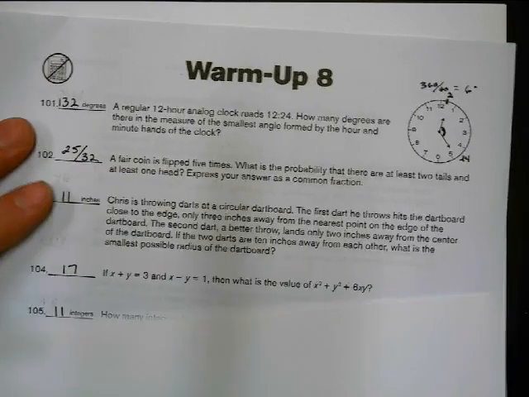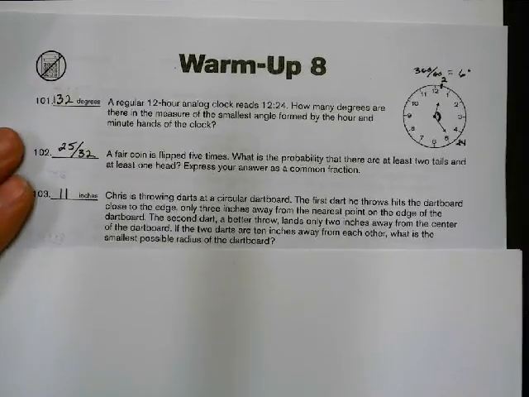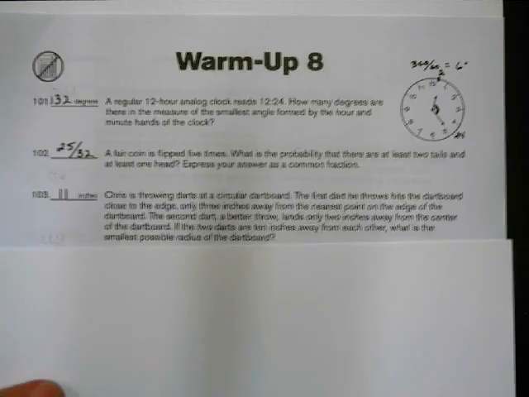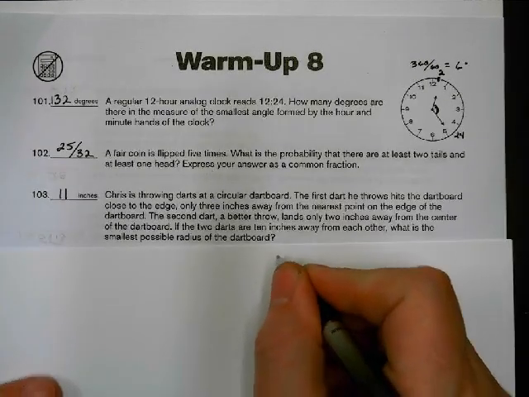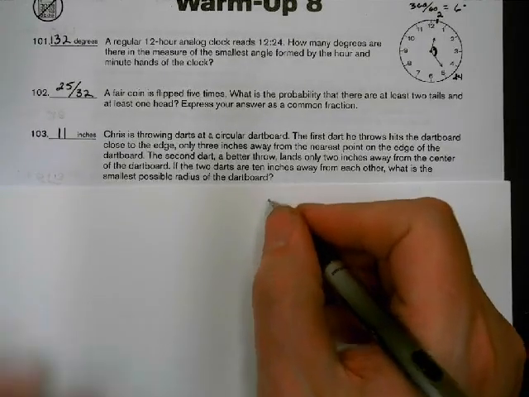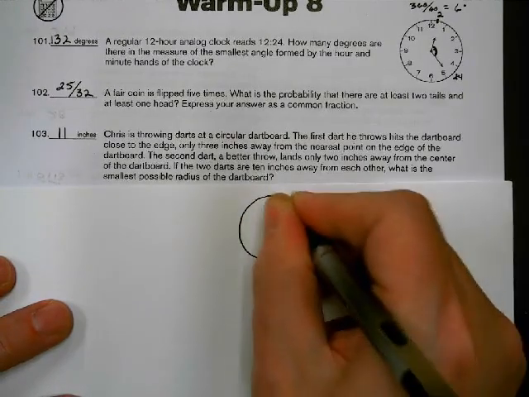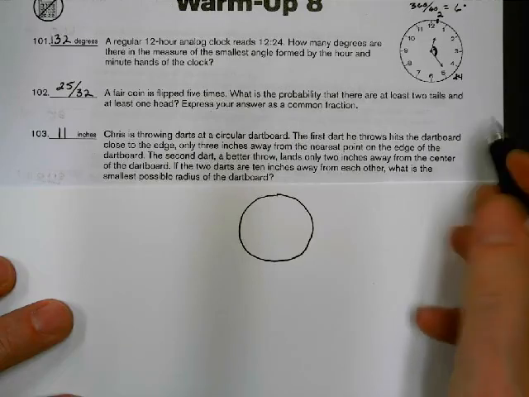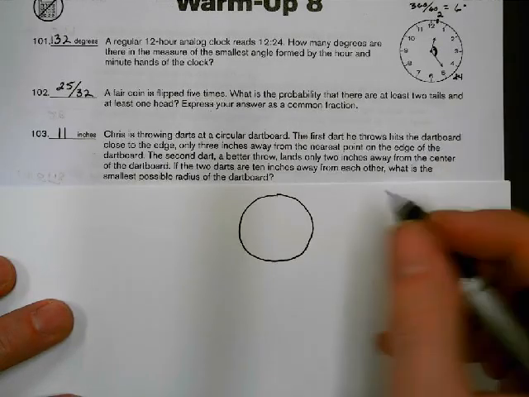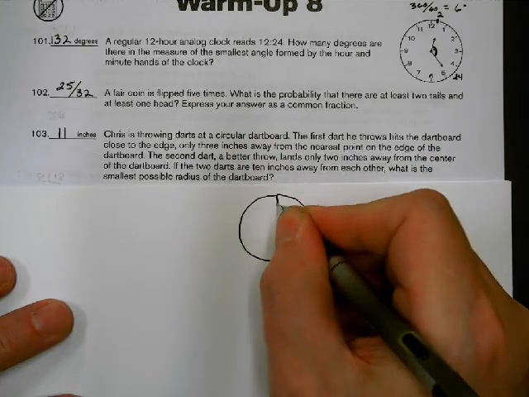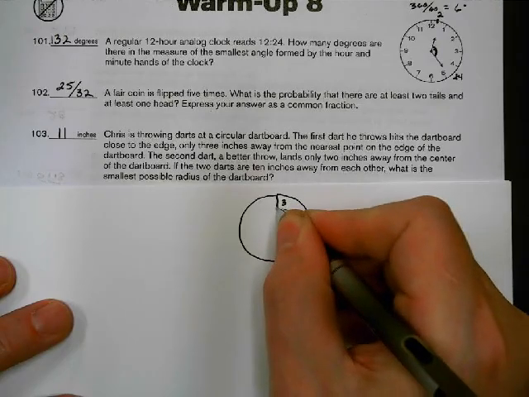Chris is throwing darts at a circular dartboard. A lot of times it's nice just to make a drawing of what's going on. So there's my circular dartboard. The first dart he throws hits the dartboard close to the edge. It's only 3 inches away. So 3 inches away, there's the first dart. Goes in right there.